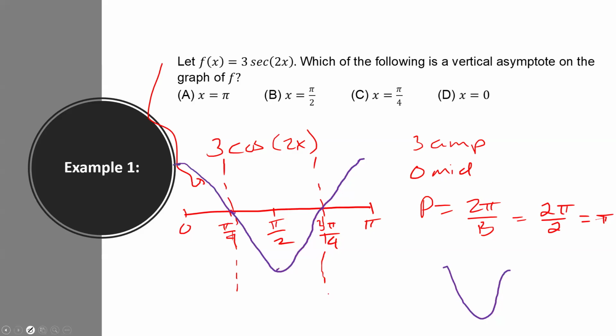Okay, so this goes back to 3b and remembering how to graph the cosine function. And from that cosine function, we know that our vertical asymptotes are its x-axis hits, for the secant, its reciprocal. So wherever I hit, that's where my vertical asymptotes are going to be. So my vertical asymptotes are at the zeros, or at the x-intercepts of my cosine.